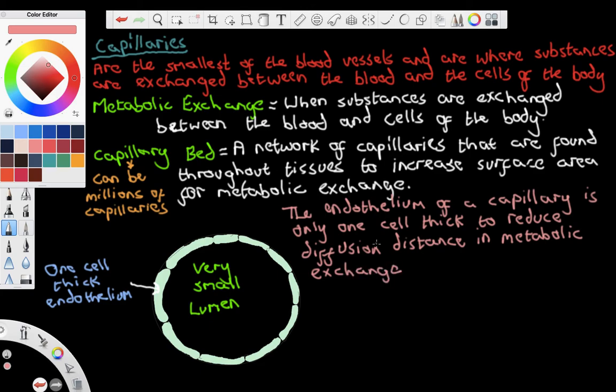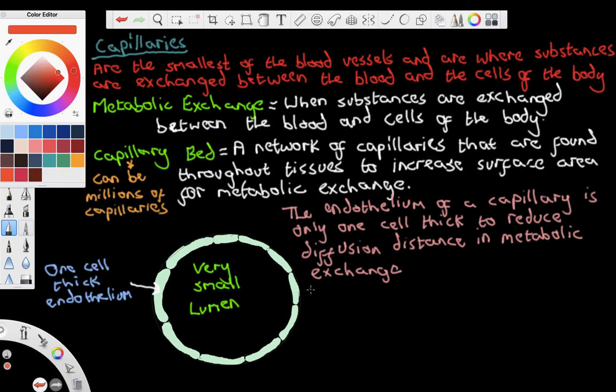At the same time, we can say that the lumen is so small, only one red blood cell is allowed to move through at a time, which increases the rate of exchange in metabolic exchange.